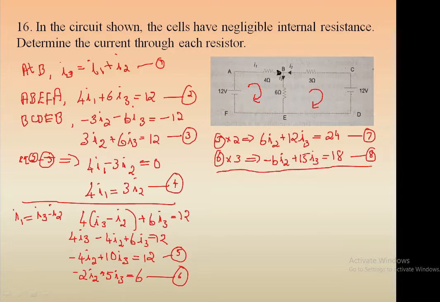The 6I2 and minus 6I2 cancel when we add.